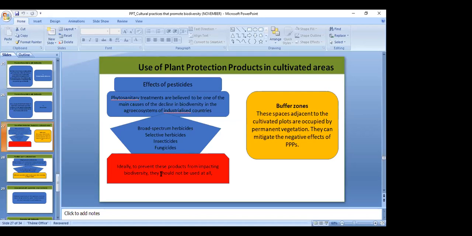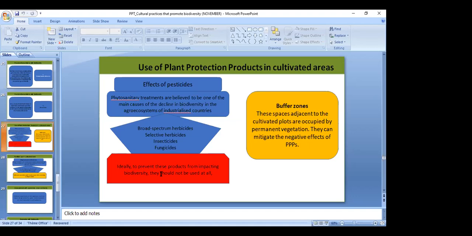Now, what are their effects on our farm? We discussed that phytosanitary treatments are believed to be one of the main causes of decline in biodiversity in the agro-ecosystem of industrialized countries.